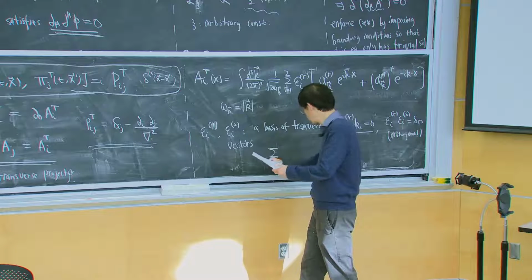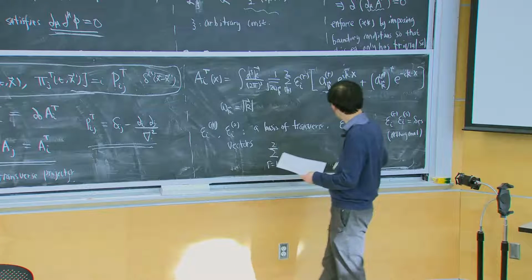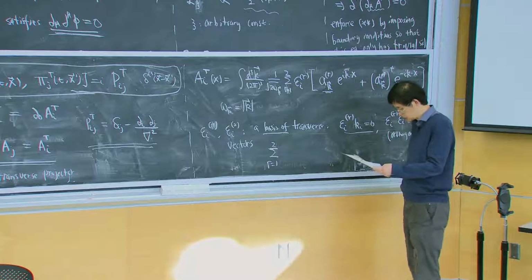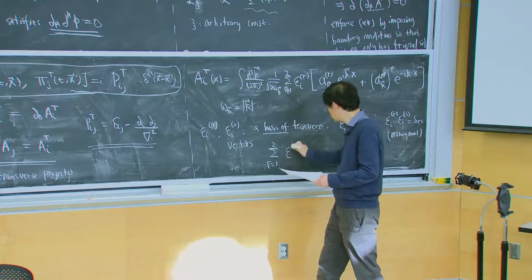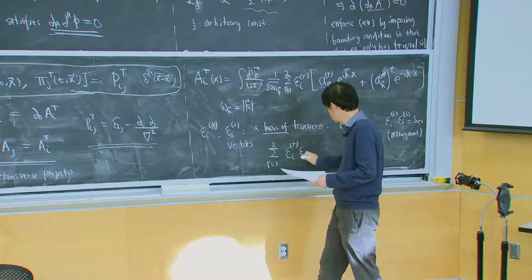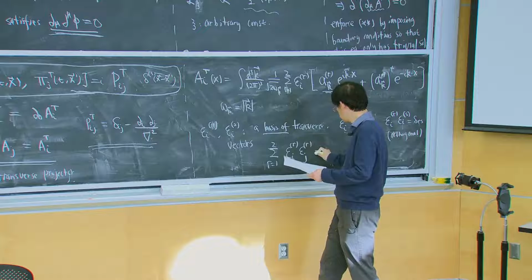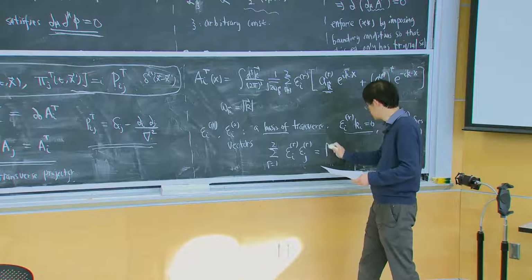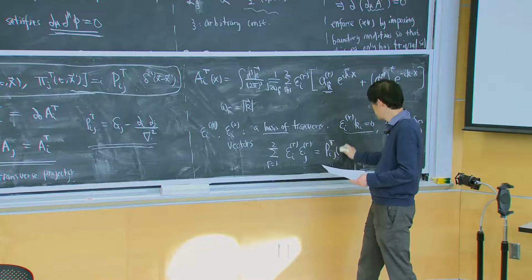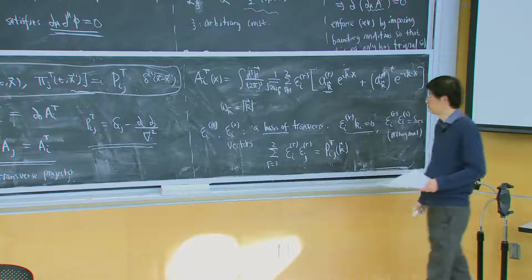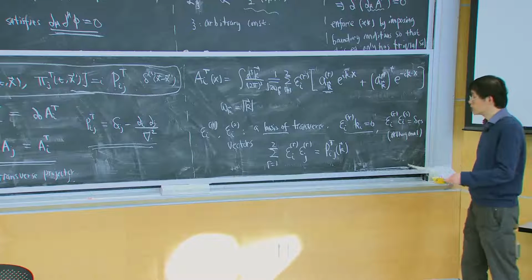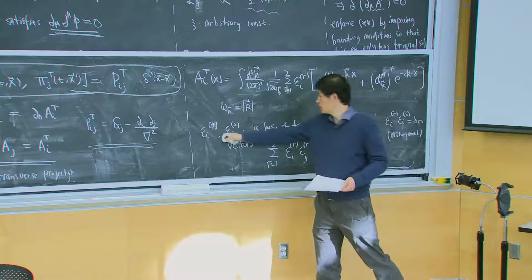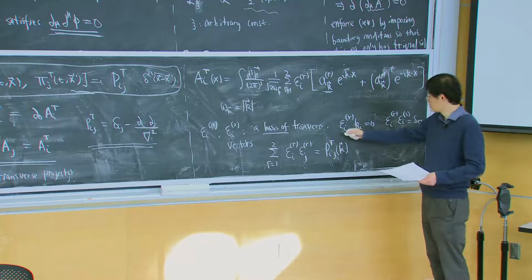They also satisfy another condition: if you have two independent vectors and you sum over them, you should get the projection operator P_ij^T(k). The epsilon_i depend on the spatial momentum because they have to be orthogonal to the momentum.